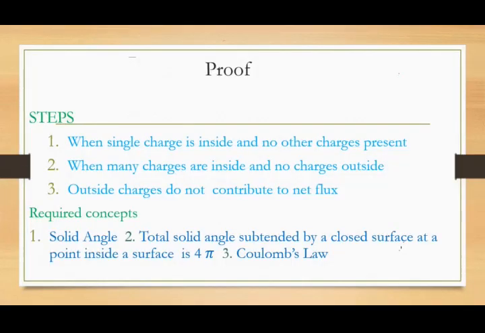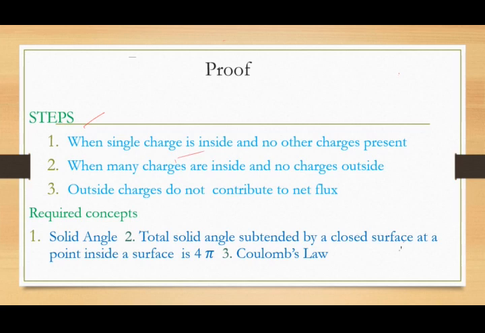Let us prove Gauss law. Proof of the Gauss law involves three steps. First one, we have to prove or calculate the flux due to a single charge inside a closed surface. Second step involves when many charges are inside, what is the flux.